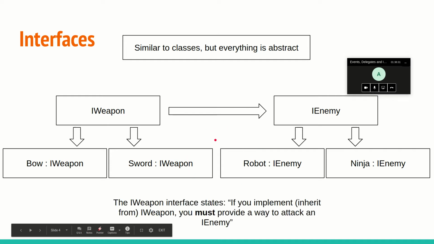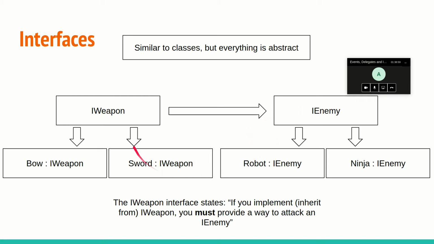Essentially all our weapon interface is going to say is that if you implement the IWeapon interface, so bows implement the IWeapon interface, you must provide a way to attack enemies, IEnemies, the IEnemy interface.